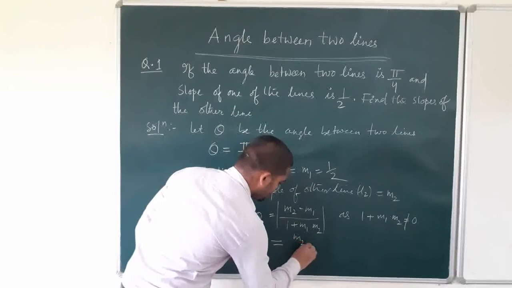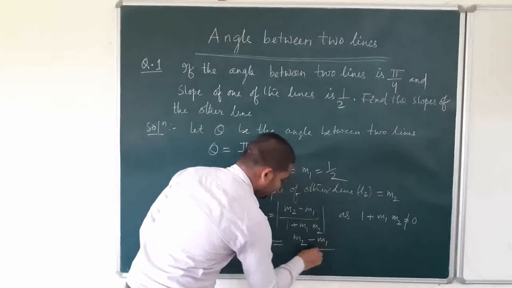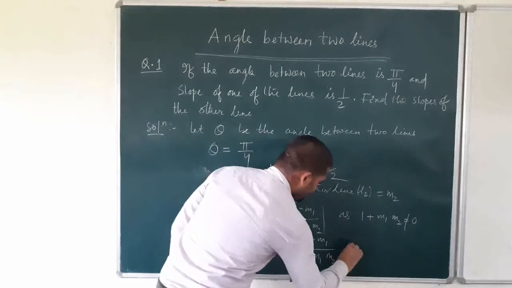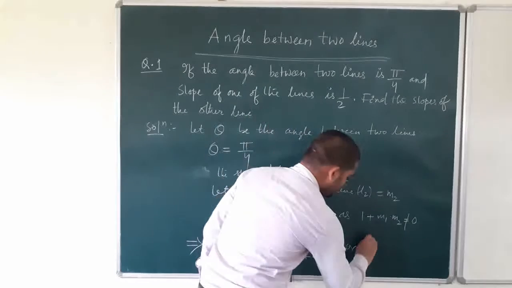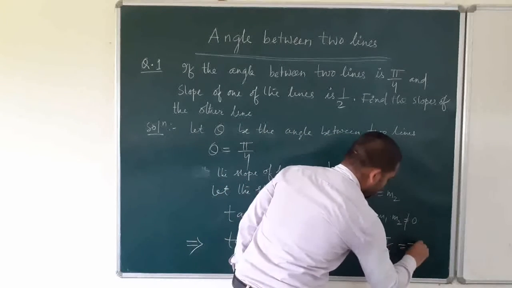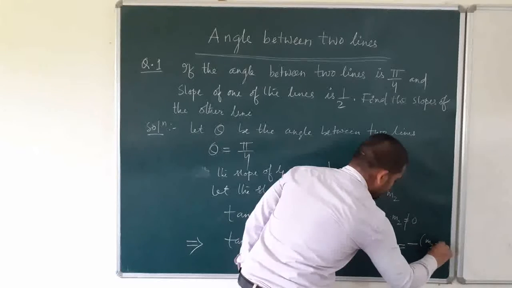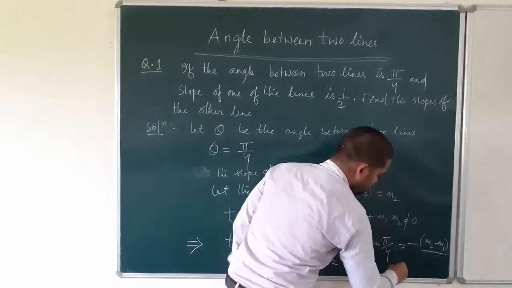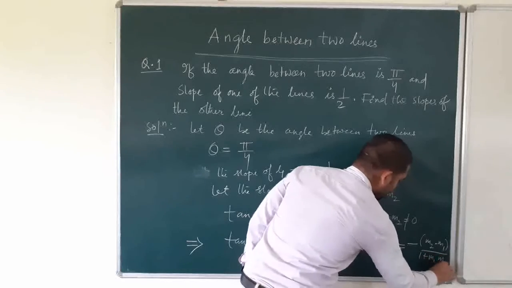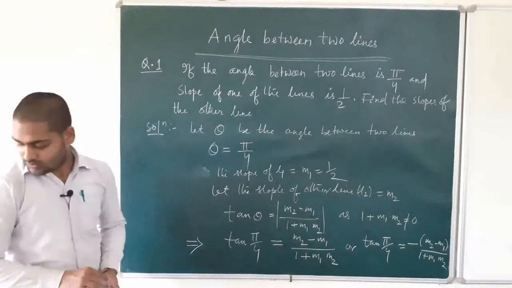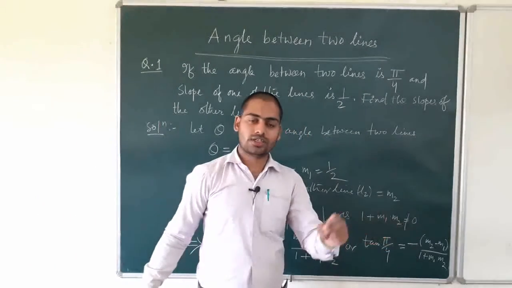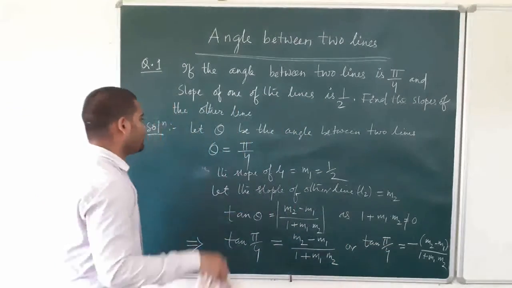So you can write (m2 minus m1) by (1 plus m1 into m2), or you may write tan pi by 4 is equal to minus (m2 minus m1) by (1 plus m1 into m2). Now we solve these two equations, then we can find the slope of the other line.